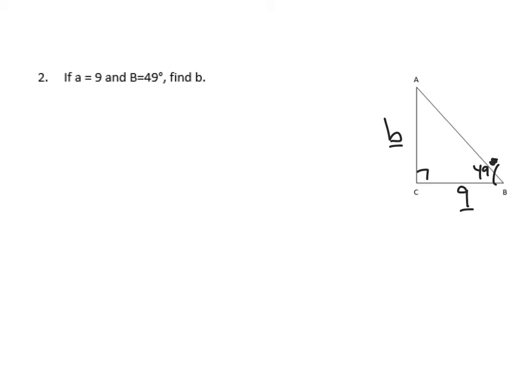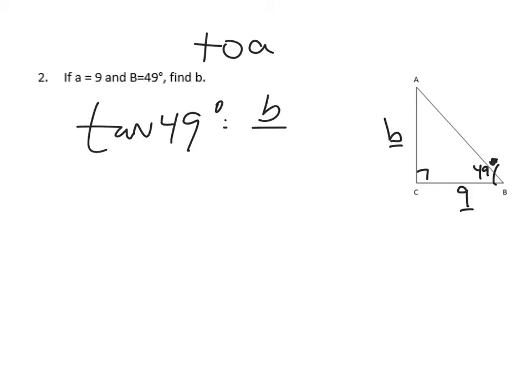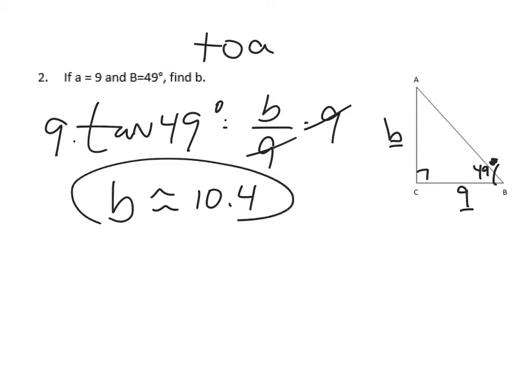Opposite and adjacent, OA. Sounds like tangent to me. So the tangent of 49 degrees equals B over 9. And just super simple solving for B, grabbing my calculator, and I get about 10.4-ish.